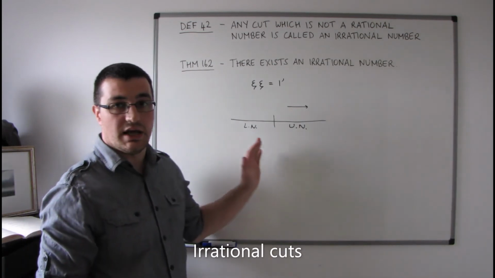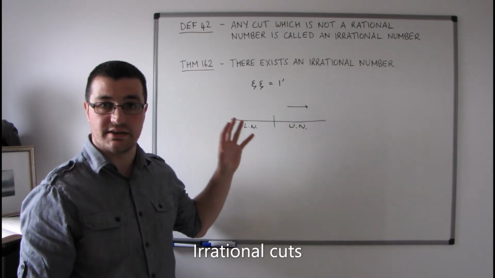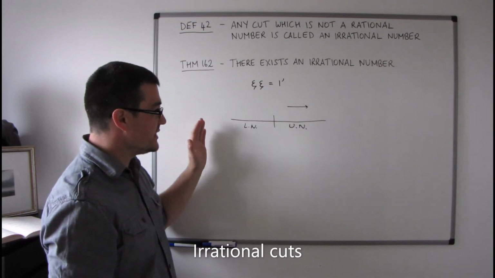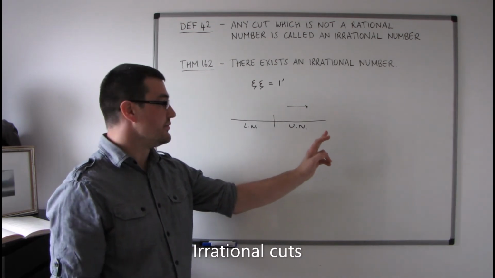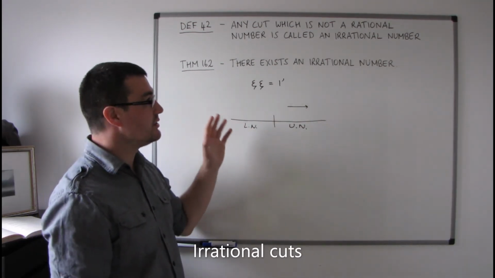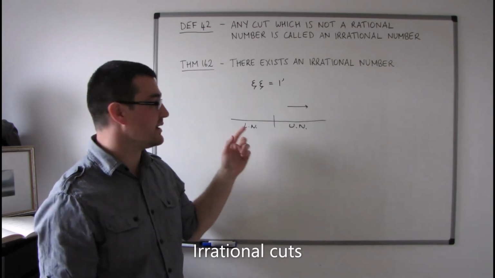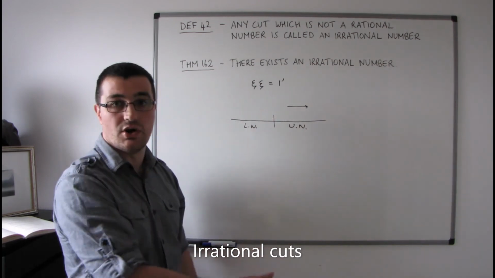I personally don't like this visualization of a cut, particularly at this stage, because it gives the impression that all of those numbers are already there, that all of these irrational numbers have already been constructed, and we can just cut wherever we want.